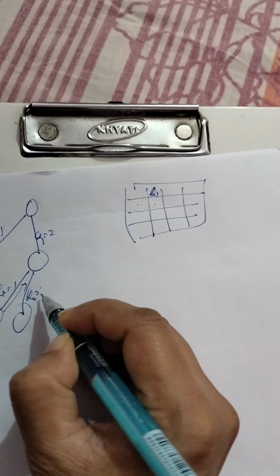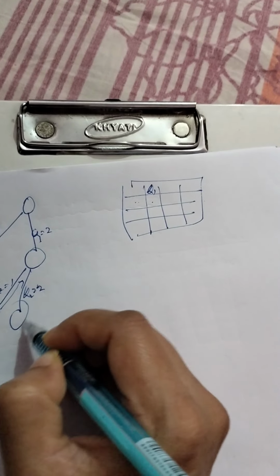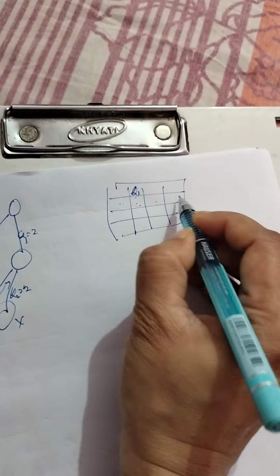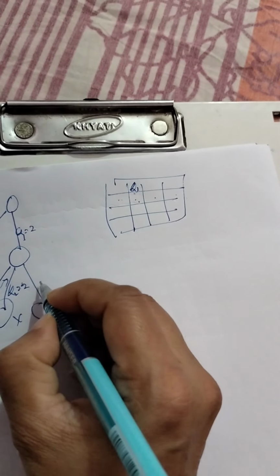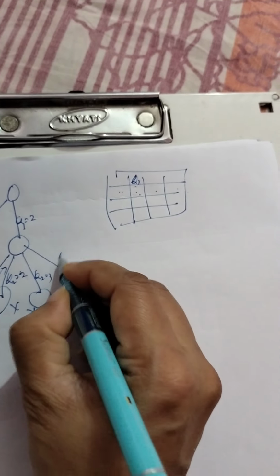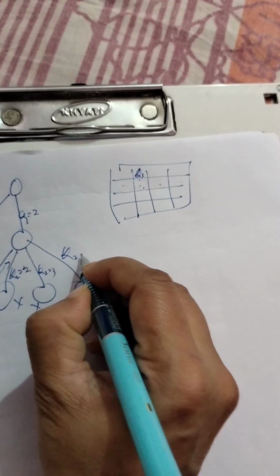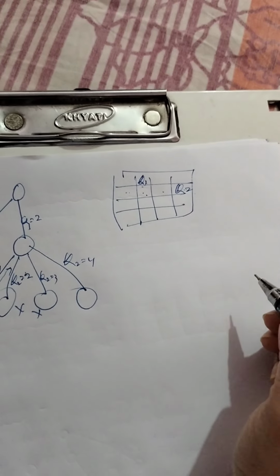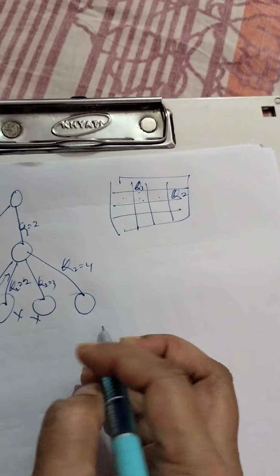We go back and check for Q2 equals to second column. No. Can we place Q2 here? No. Q2 equals to third column. Again fail. Yes, we can place Q2 at fourth column. This is okay. Now we are here.